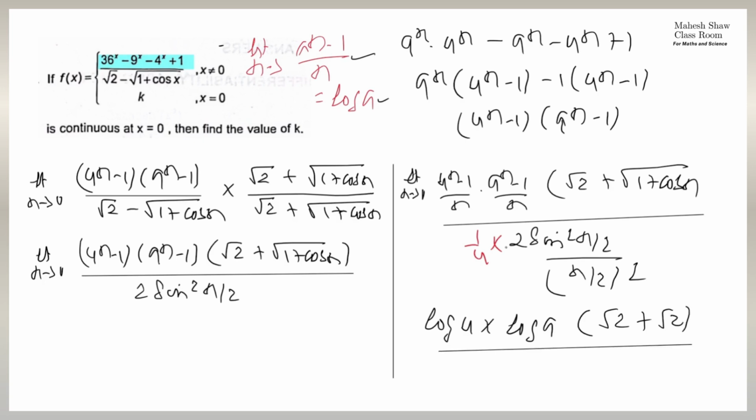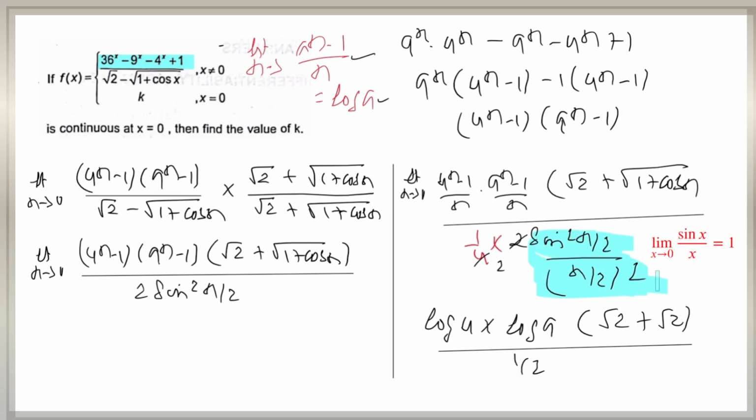That whole divided by, this is 1/2. Limit x tends to 0, sin x by x is 1. Root 2 plus root 2 is 2 root 2. And this is divided by half, same as multiplying by 2 in the numerator. This is log 4 into log 9.